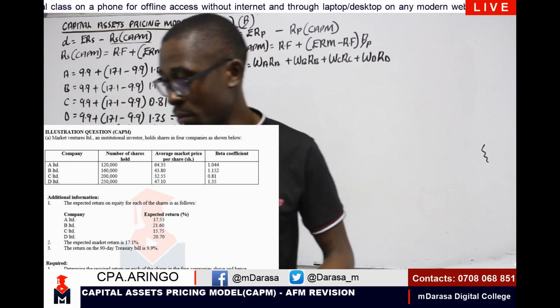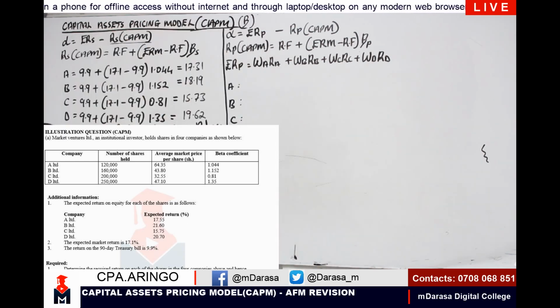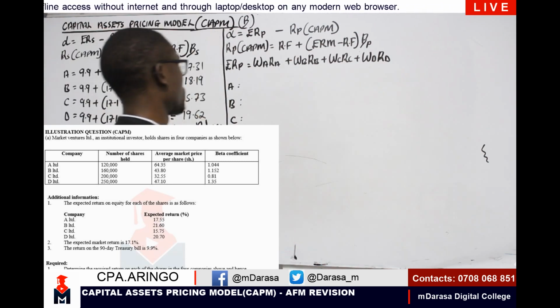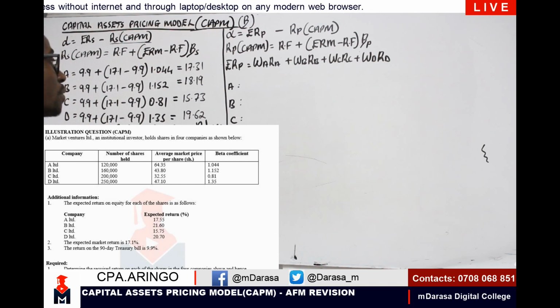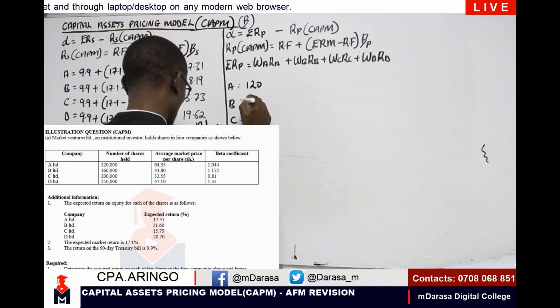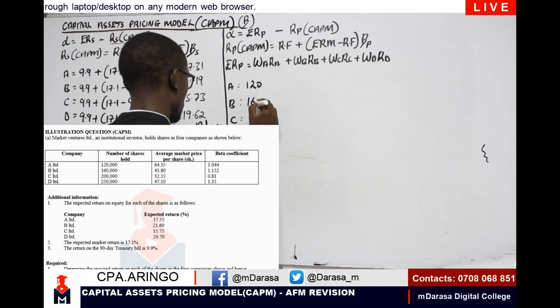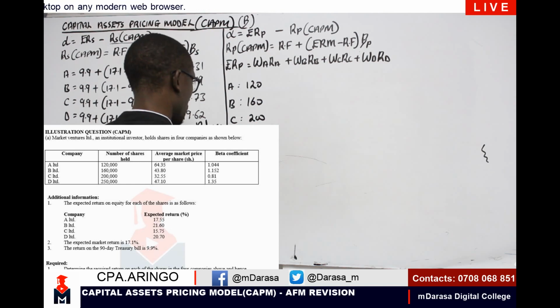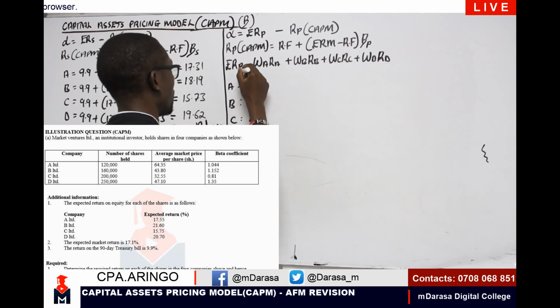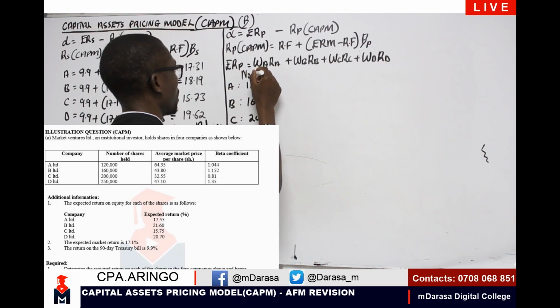Assuming we take our figures to be in thousands, I have 120, 160, 200, and 250, right? These are the number of shares given here.